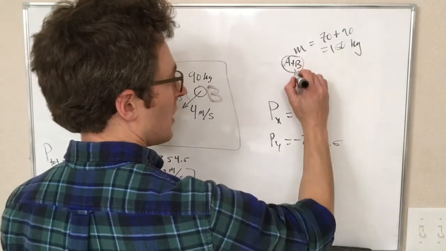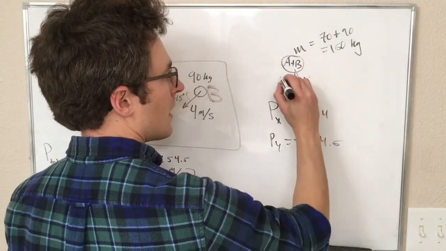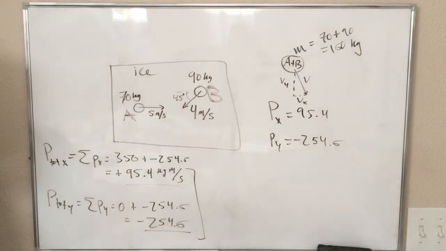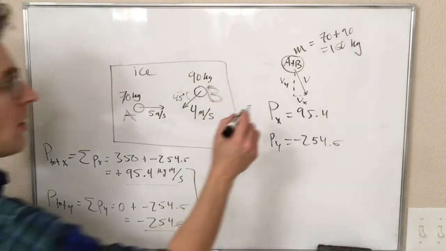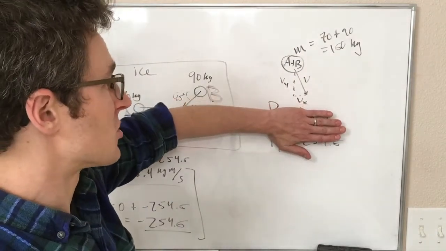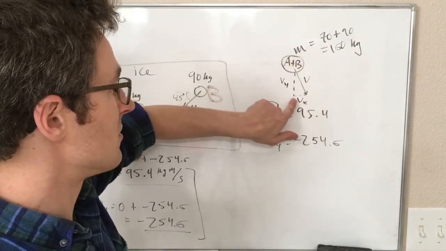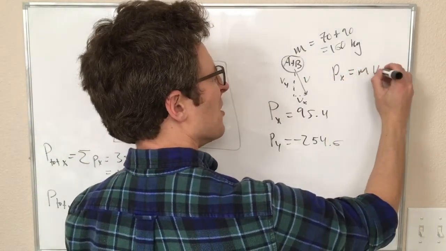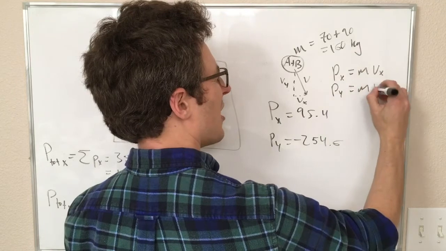And here we have a velocity that has a y component and an x component. So our momentum for this picture is this mass times these components: Px is equal to m vx, Py is equal to m vy.